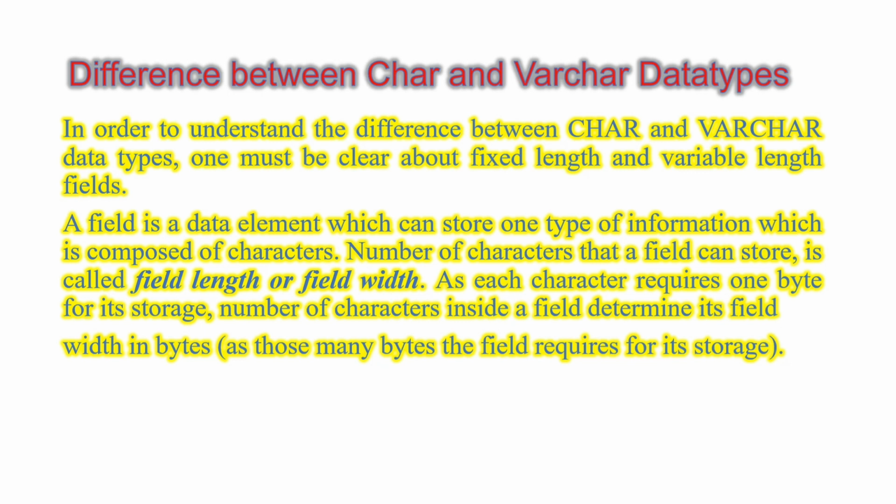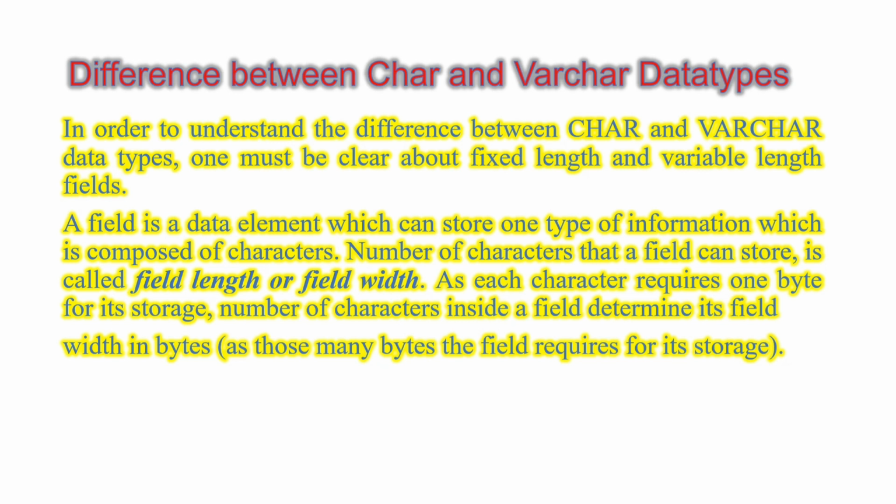Difference between char and varchar data types. In order to understand the difference between char and varchar data types, one must be clear about fixed length and variable length fields. A field is a data element which can store one type of information, which is composed of characters.